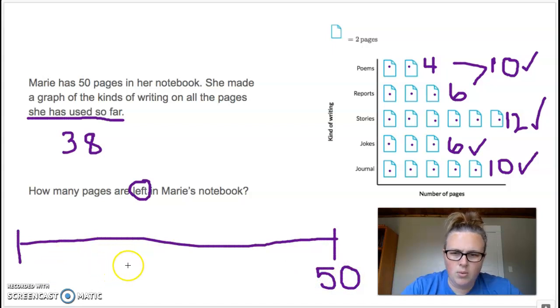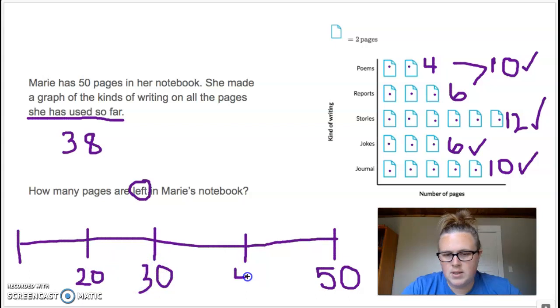And we know if I go 40, 30, 20, let's see. So I know 38, so if this is 35, so 38 is going to be about here, okay?